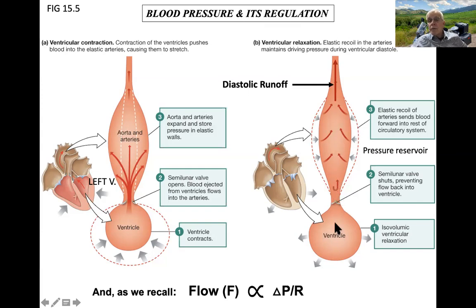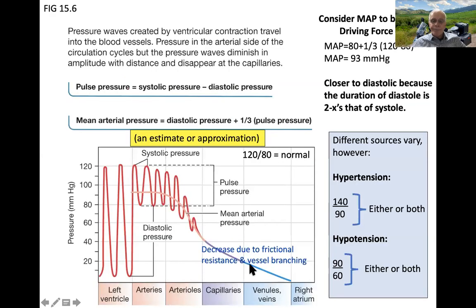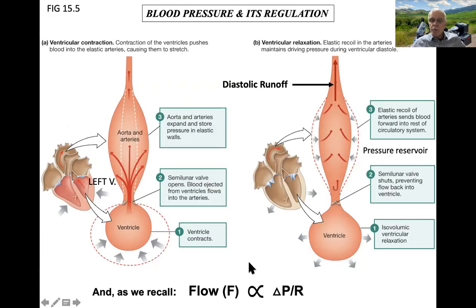And of course, if this valve closes, the blood can only go in one direction, and that's downstream. And again, that results in diastolic runoff. And that's that pressure reservoir function that the arteries can play. And recall, again, flow is proportional to the pressure difference divided by the resistance downstream. Okay.